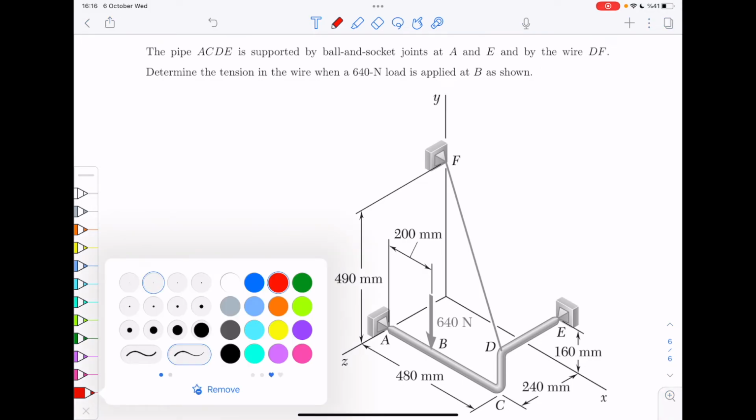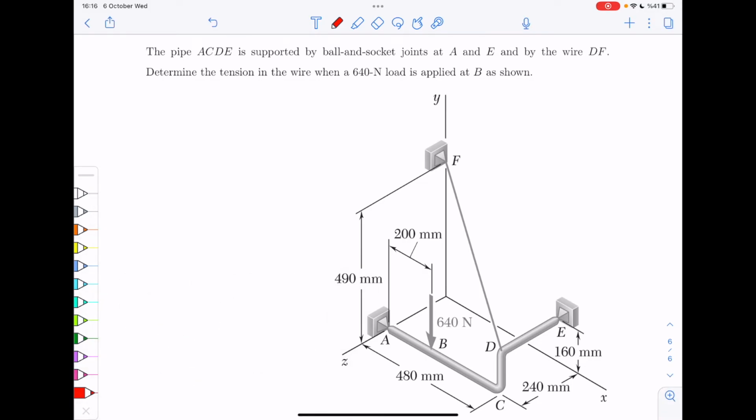So you have the given system. There is this pipe ACDE, which is supported at A and E by ball and socket joints. So these ball and socket joints are just like hinges or pins in 3D. So they can apply 3 forces.